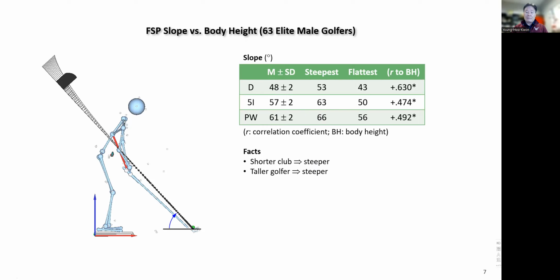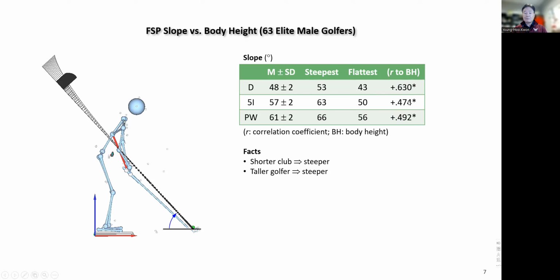Another important piece of information included in this table is the correlation of the slope to the height of the golfer. These values show positive correlations. That means the taller the golfer is, the steeper the swing plane is. And they all show significant, actually strong, correlations.